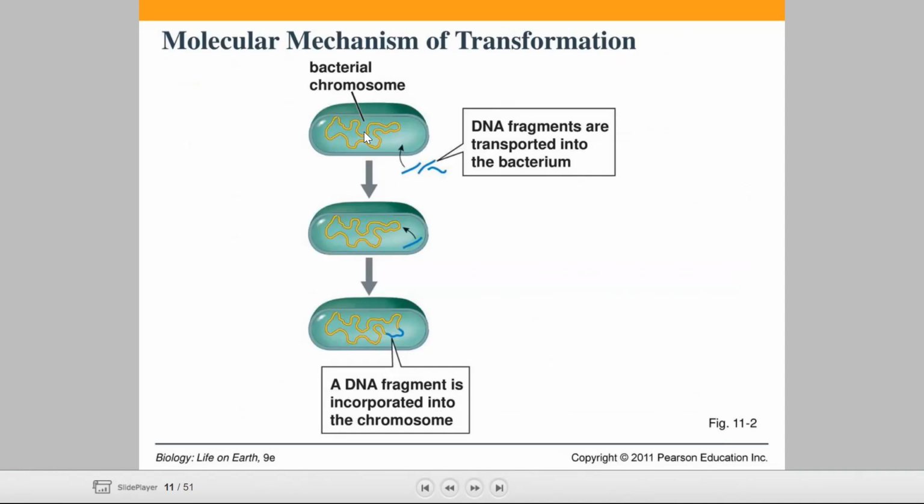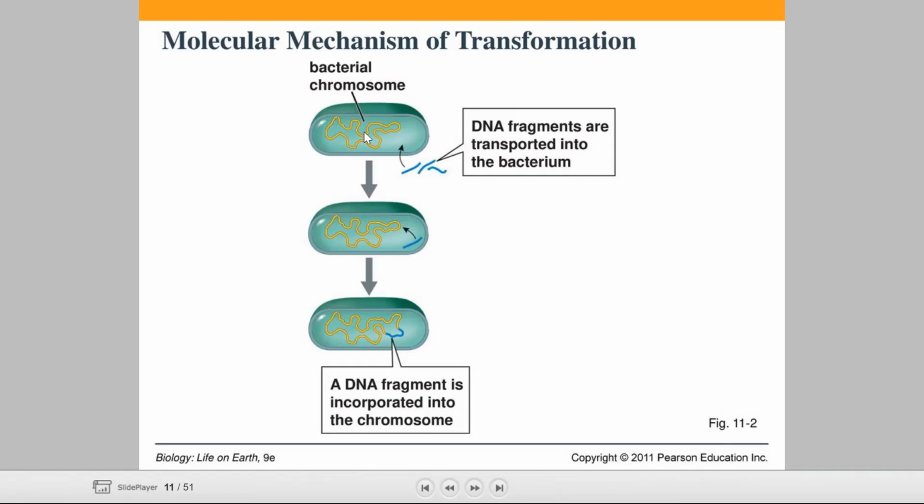And then you have foreign DNA fragments in blue that can be transported into the bacterium, because bacteria have certain transporters. A transporter is basically a molecular machine that permits the foreign DNA molecule to go into the cell.